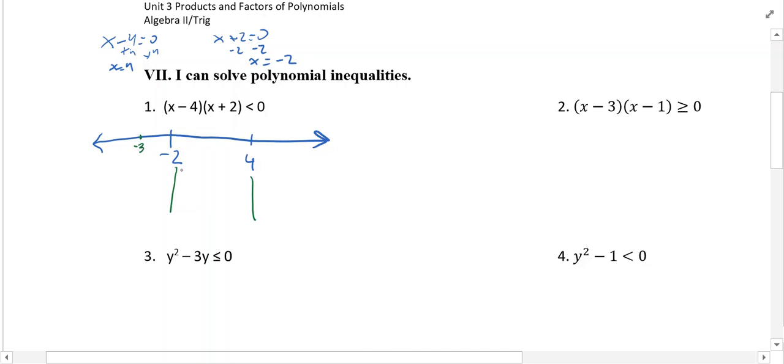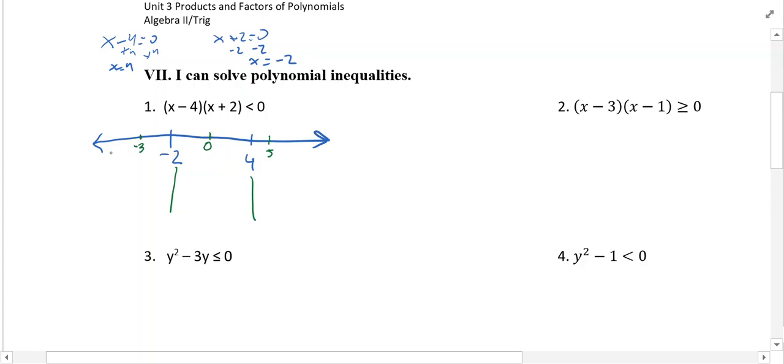You can pick anything, but I usually try to pick the closest or easiest number. Between negative 2 and 4, that would be 0. To the right of 4, I'll pick 5. You can't use the root itself, because if you plugged it in, you already know you'd get a 0. So you have to pick a number to the left of the root, in between, and to the right.